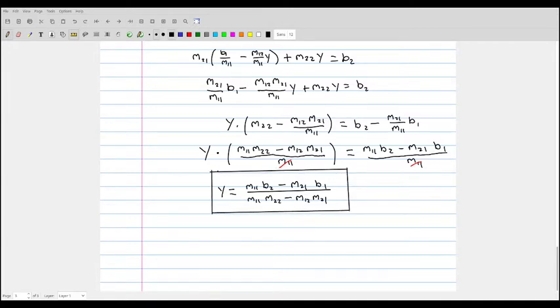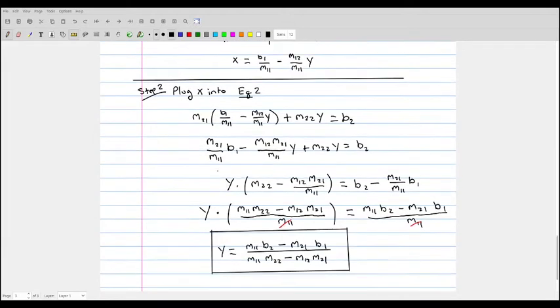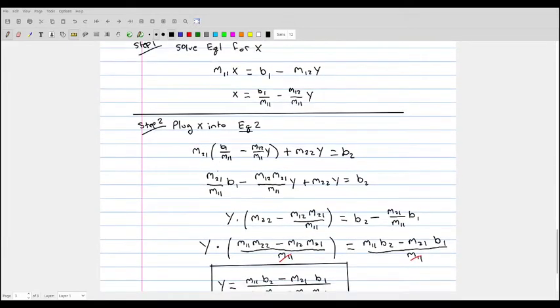And this is the final solution for y, because it gives us y in terms of all of the known quantities. The general solution for any linear system.